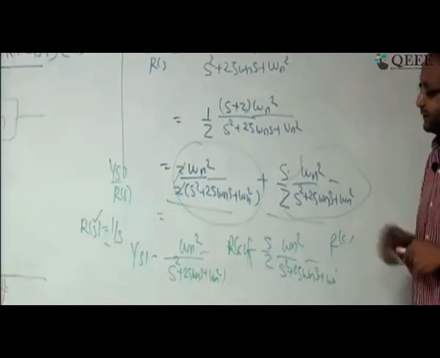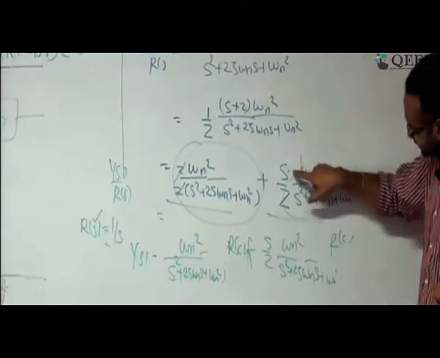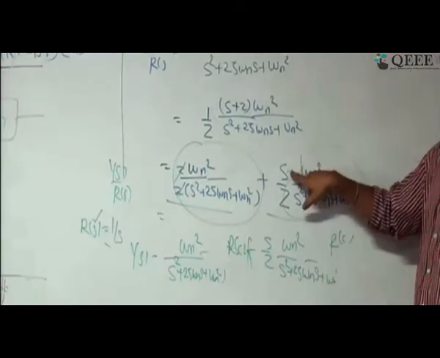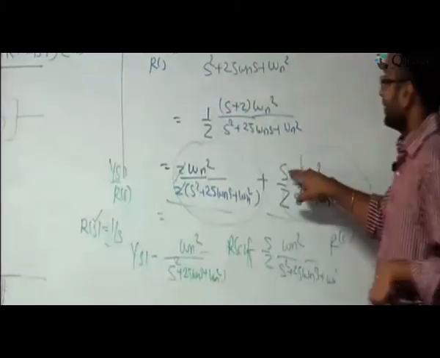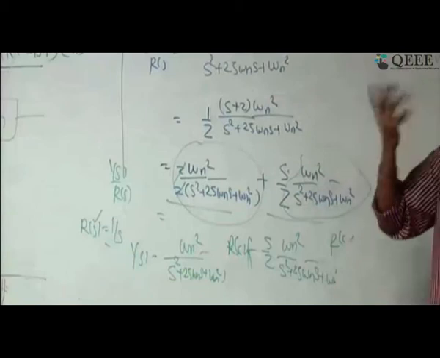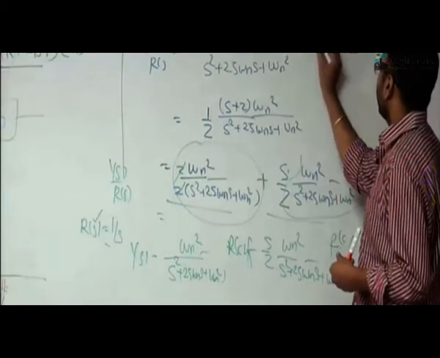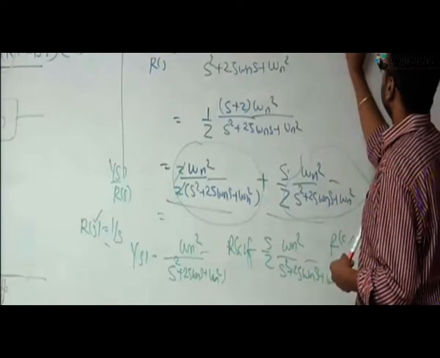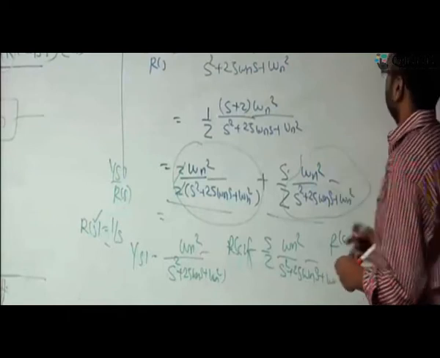This is a multiplication of the s term. Here in this term, there is a multiplication of s, and if you look at the fundamentals of the Laplace transform, multiplying by s is equivalent to a derivative in the time domain, correct. So I can look at my response as having two terms: term 1 plus derivative of term 1.